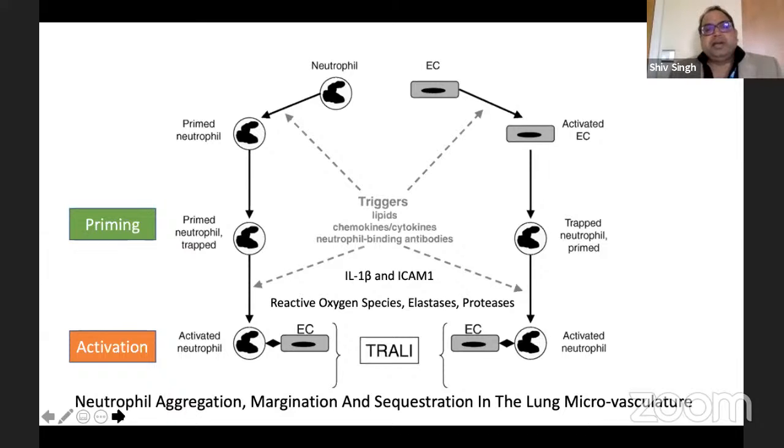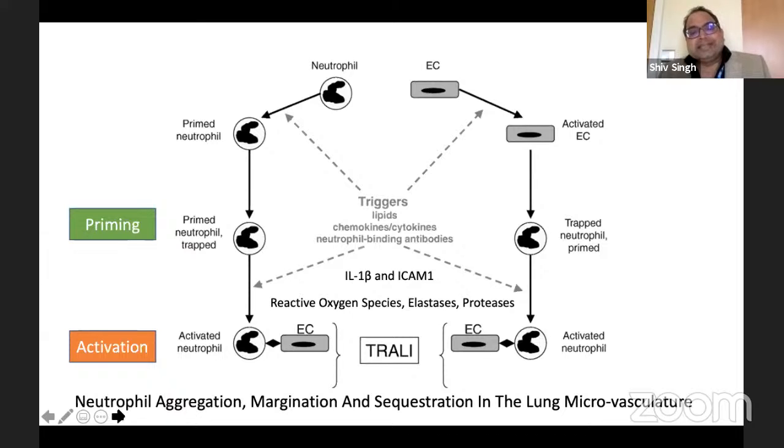The agents which cause priming and activation, I have already described: the antibodies, the lipids, and the chemokines and cytokines. When these are activated, priming occurs and there is activation of the neutrophil.